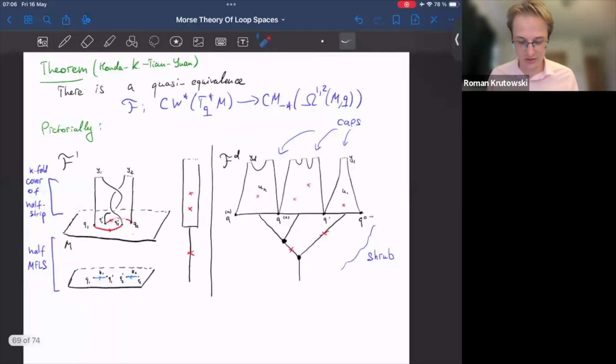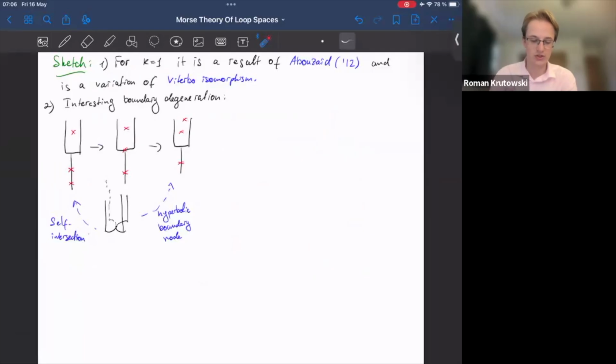And here is a sketch of the proof of this result. First, for kappa equals 1, it is a result of Abouzaid, and it's a variation of the Viterbo isomorphism. Now for kappa greater than 1, at least for f1, the main interesting phenomenon that happens is when these switching points travel to the top and become branch points.